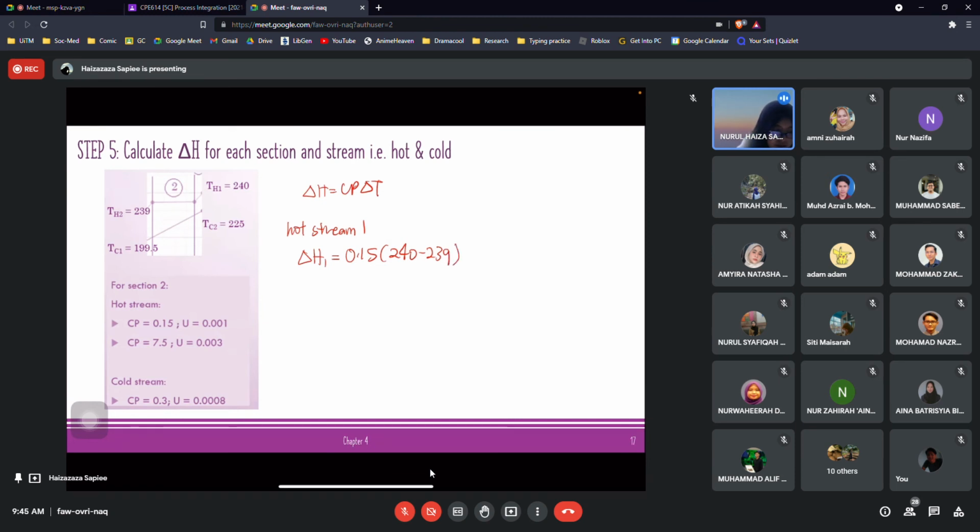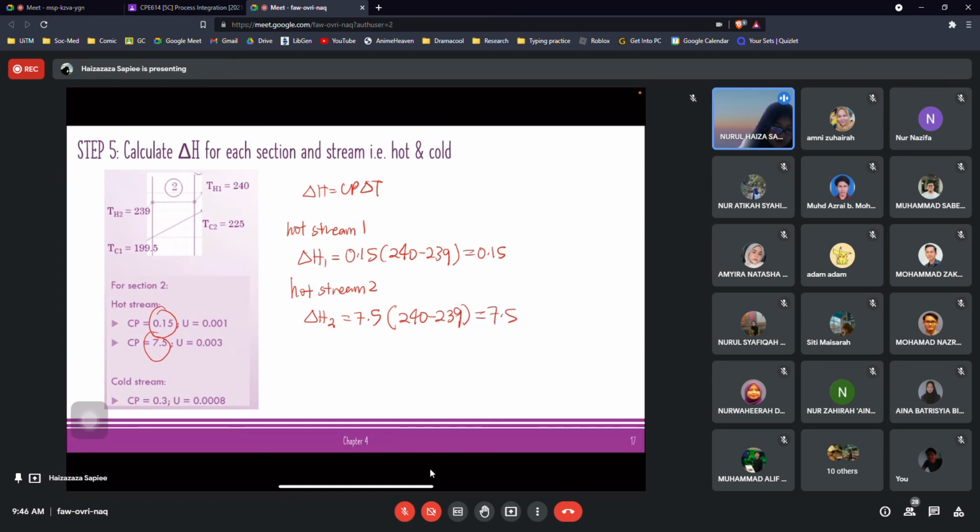And then you get, so this is basically 0.15 lah. And then for hot stream 2, you get delta H2, which is 7.5 times 240 minus 239. Okay, dan dapat 7.5.